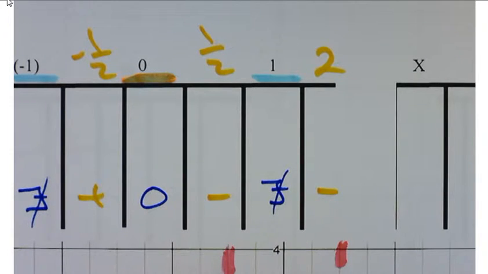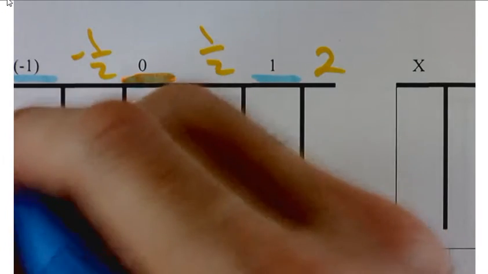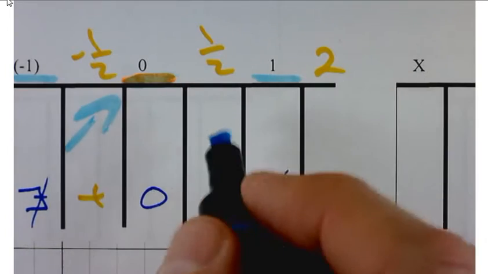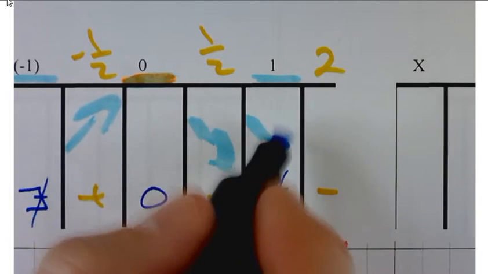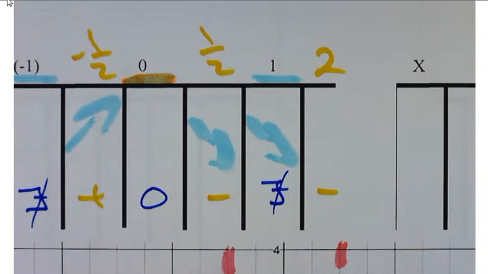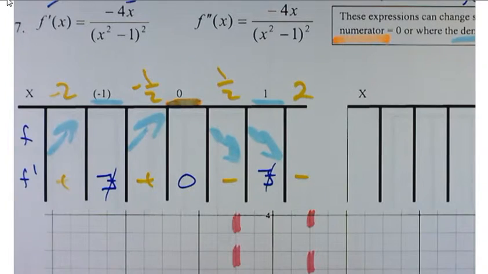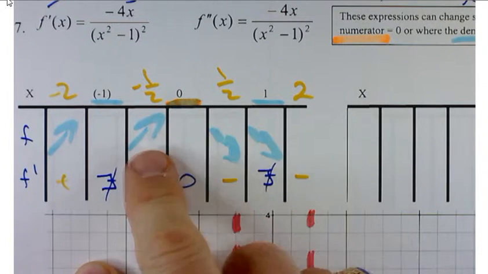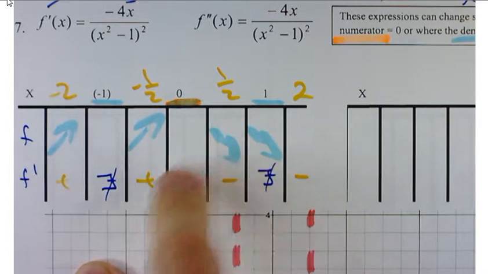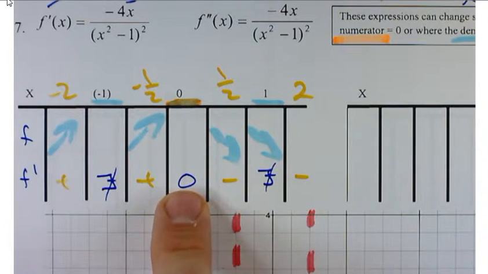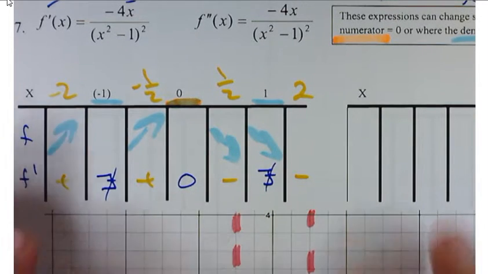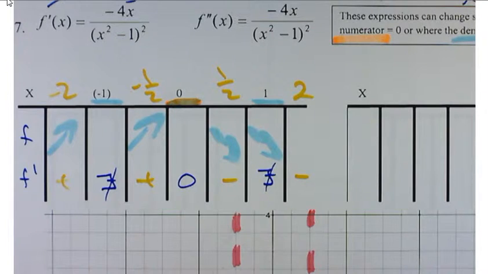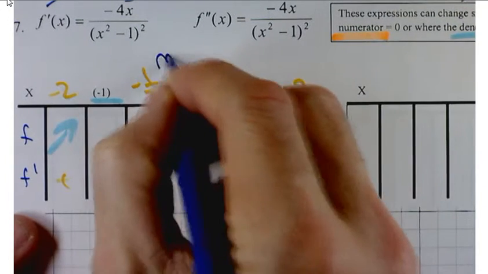And that tells me that the function is increasing, increasing, decreasing, decreasing. Yes, nice observation here. If the function's increasing here and then decreasing here, there has to be a relative max near 0. So that's good to know. This is going to be a max.